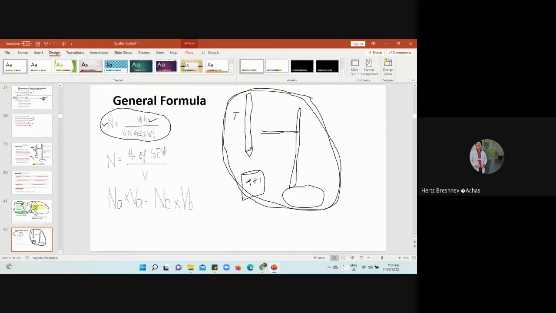Weight is located or can be found on the analyte. Kaning weight diri makita sa analyte. This is the weight of the substance that you measure, di ba? Sa mga nag face to face, this is the weight of the substance that you measure.